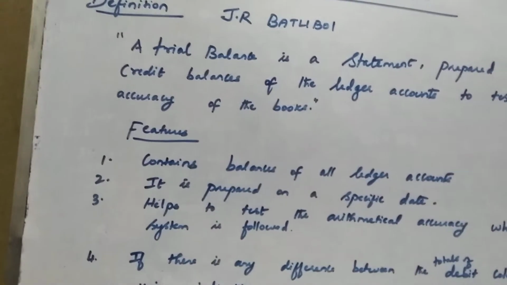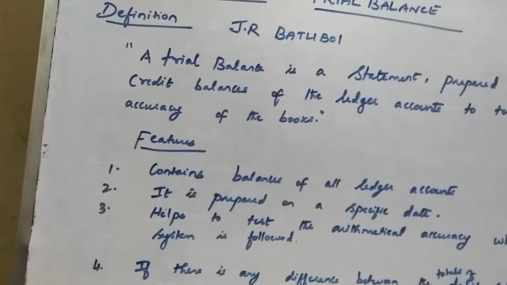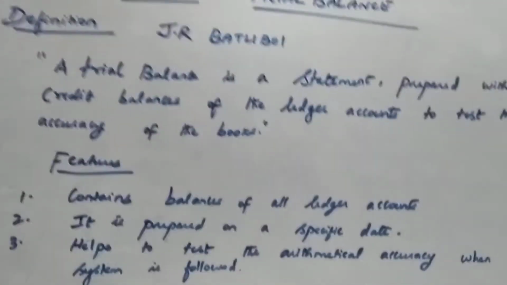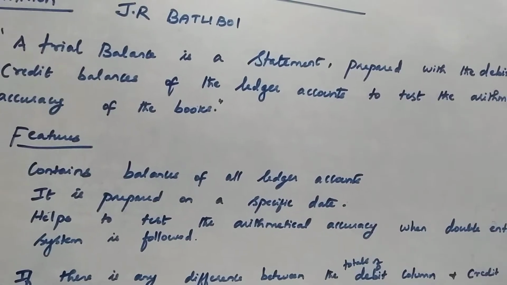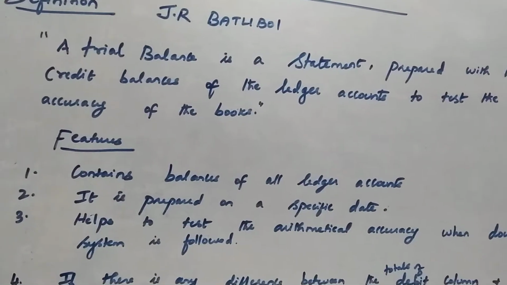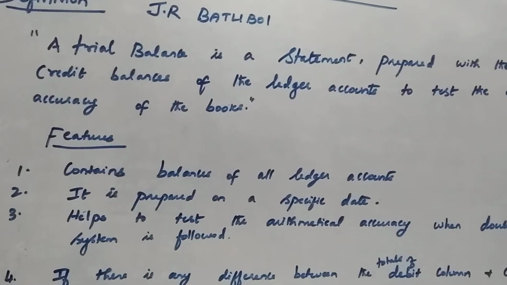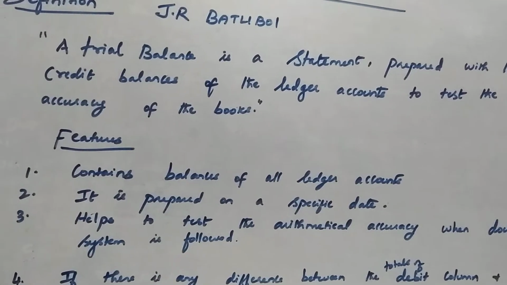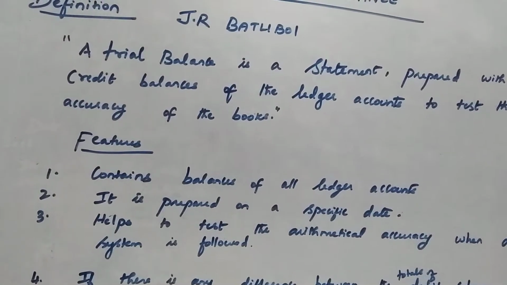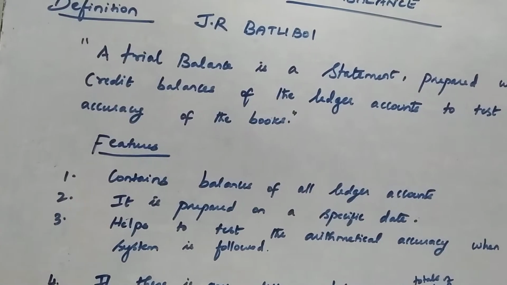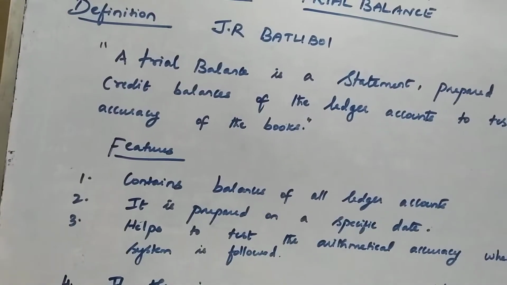So let us first look into the definition given by J.R. Bartleby. A trial balance is a statement prepared with the debit and credit balances of the ledger accounts to test the arithmetical accuracy of the books. From the above definition, let us look into the features now.